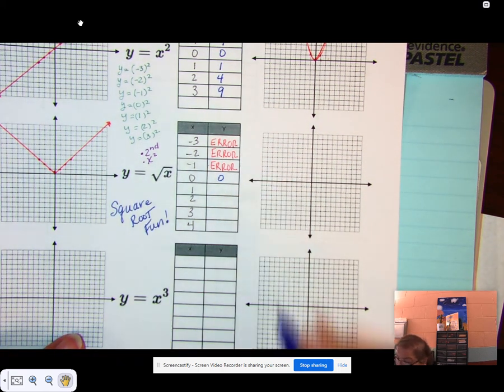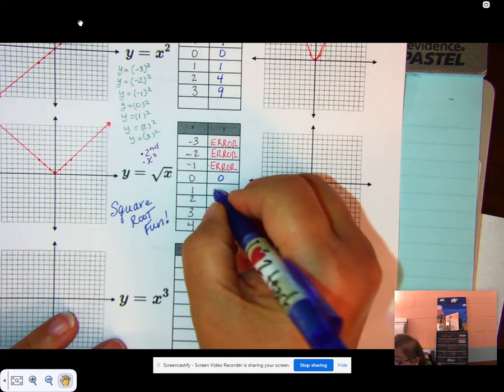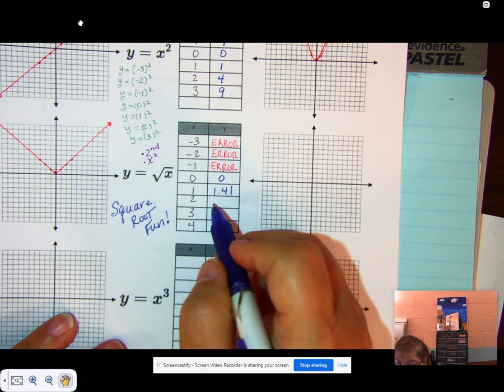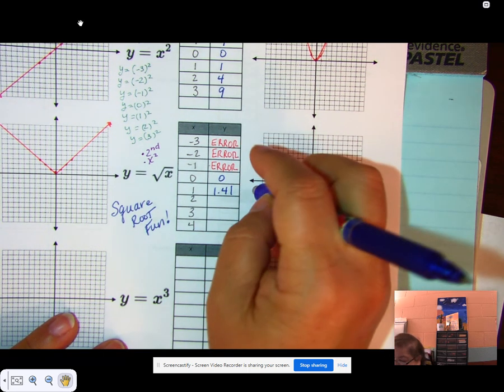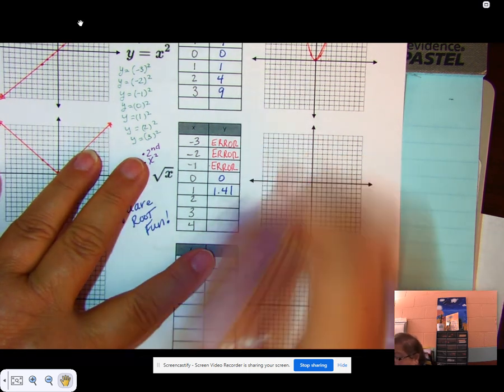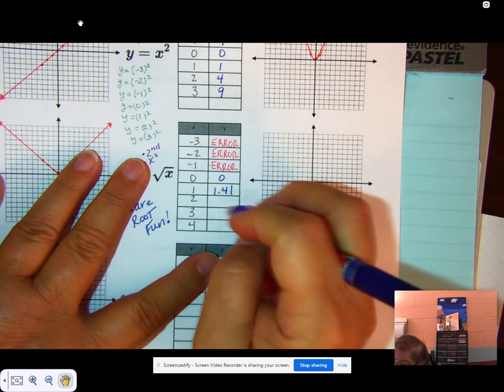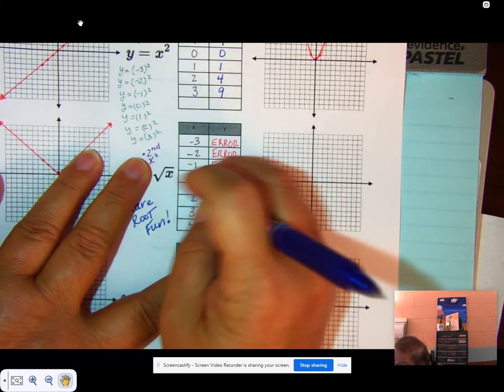The square root of 1 is 1. The square root of 2 is 1.41.